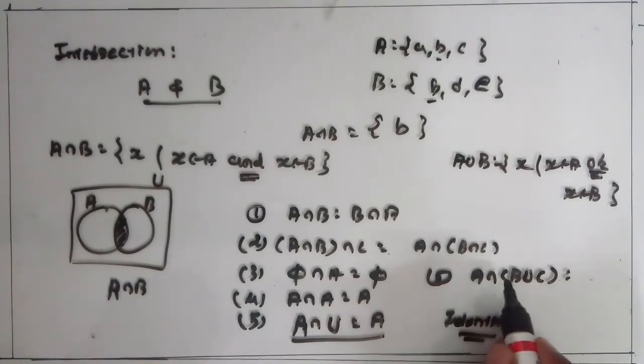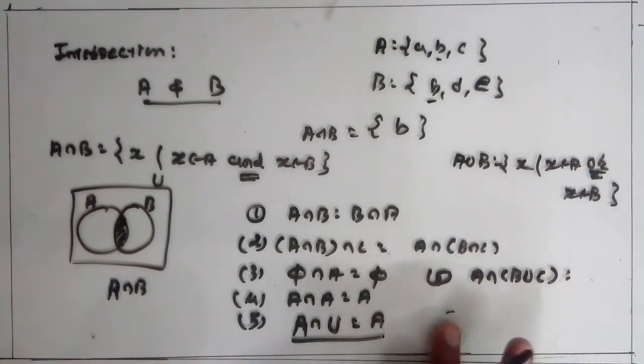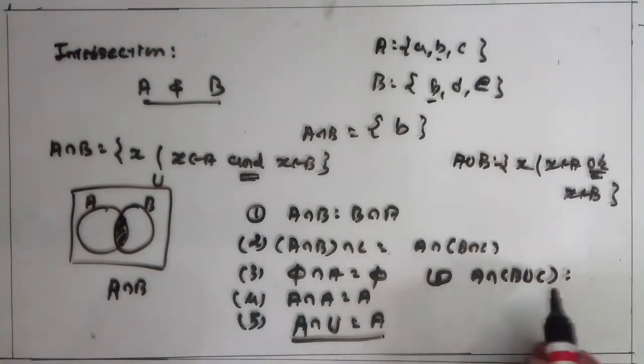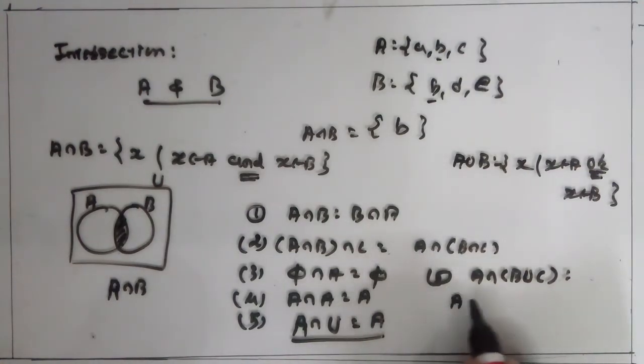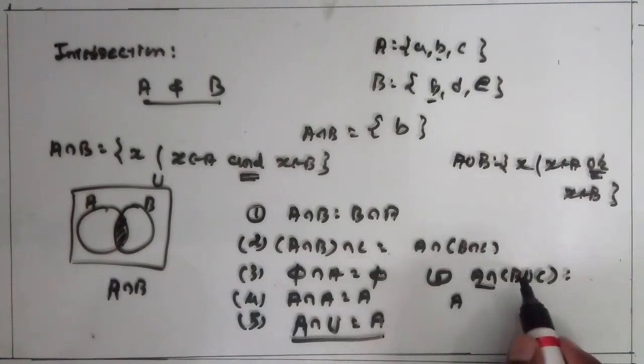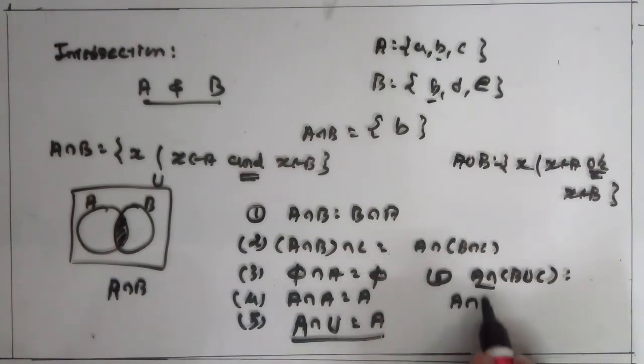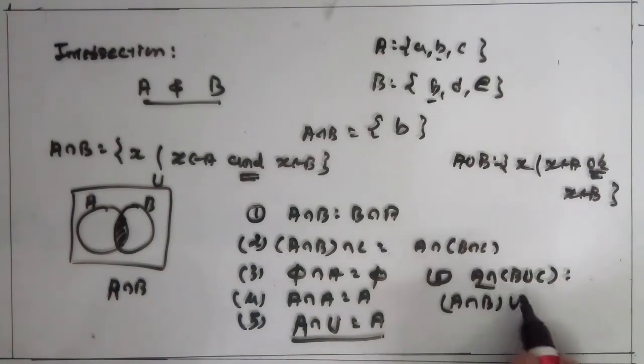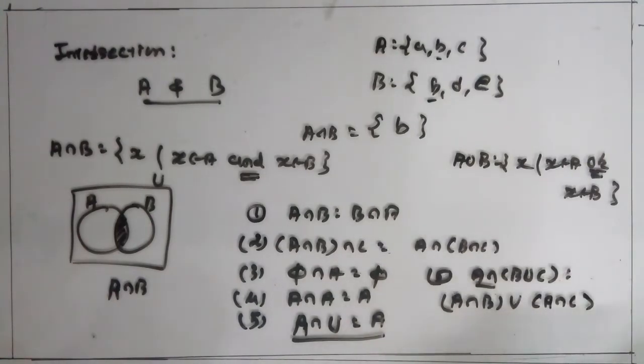Intersection is distributive over union. So A ∩ (B ∪ C) is equal to, remember this, A ∩ B, apply with B, union A ∩ C. This is the distributive law. Clear?